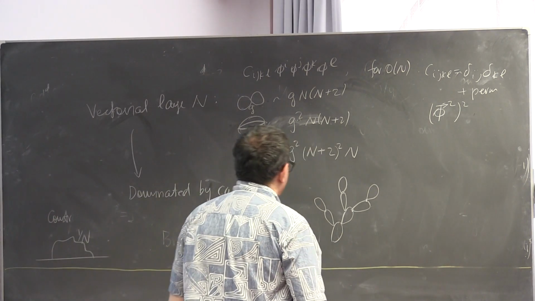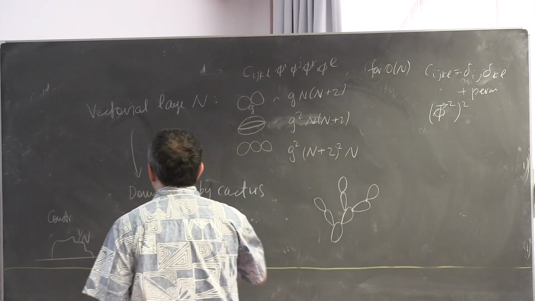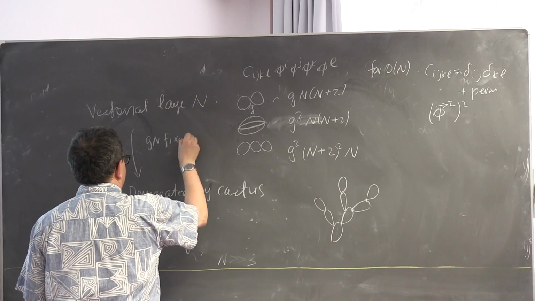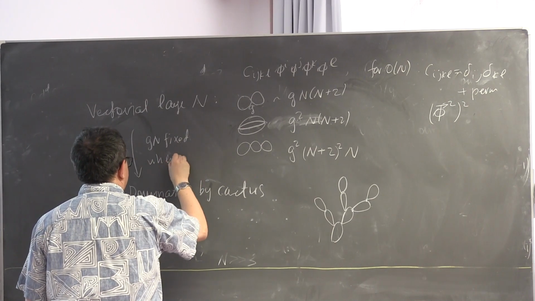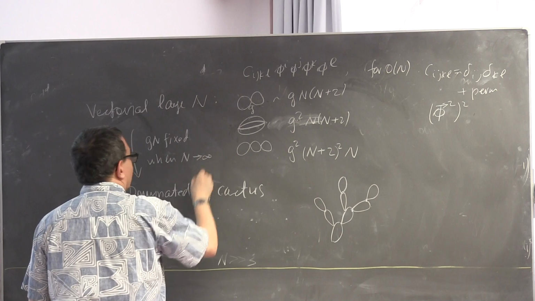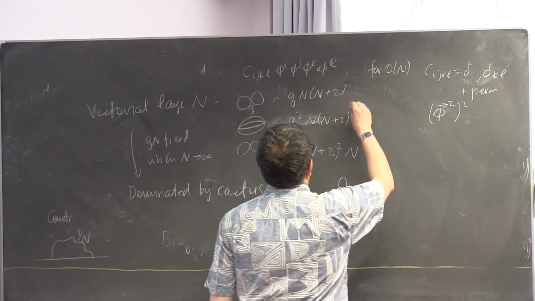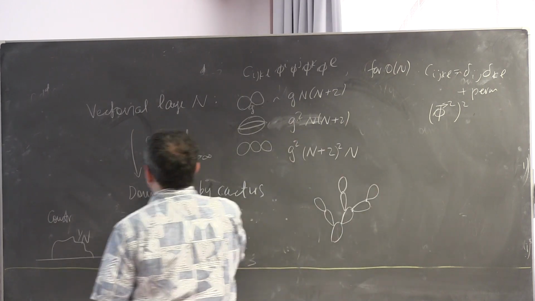You see that when you take the limit where gN is fixed, when N goes to infinity, then this gives a contribution of order N, right? So let's call this lambda.